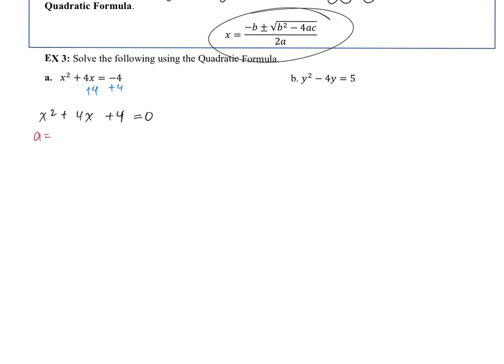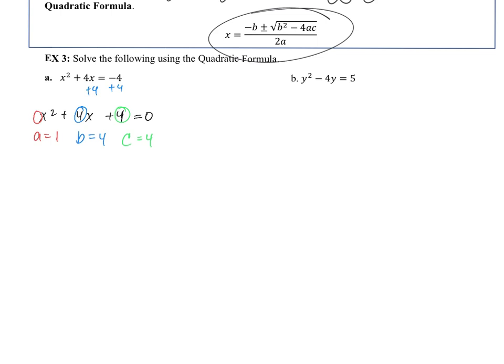So a equals 1. My b value is whatever is in front of the plain variable. So just the 4x, the 4, is my b value. And then the c is whichever number does not have a variable. So c is also 4 for this problem.